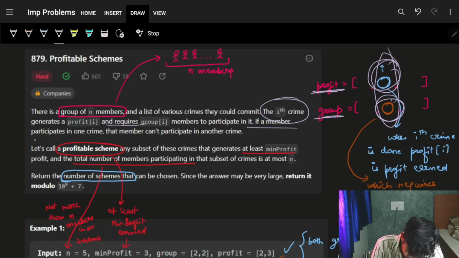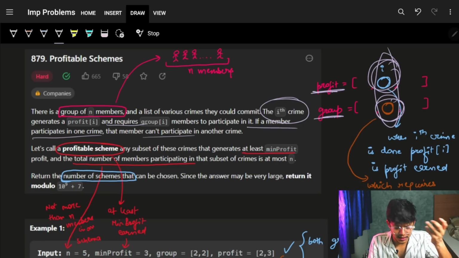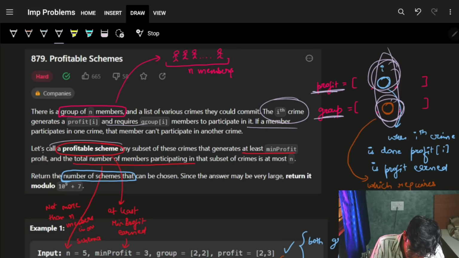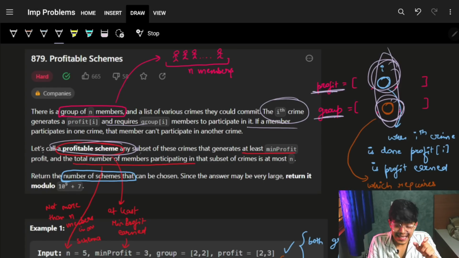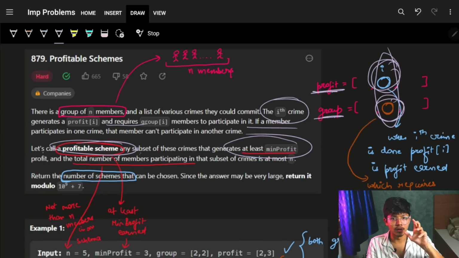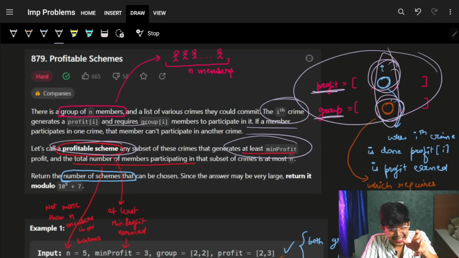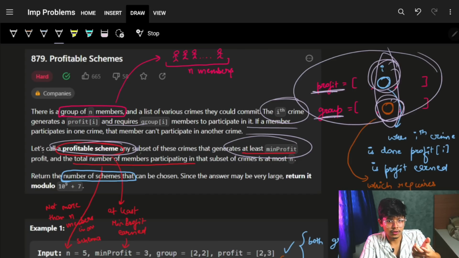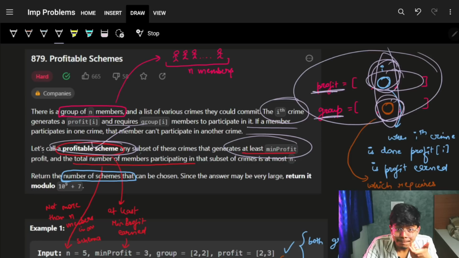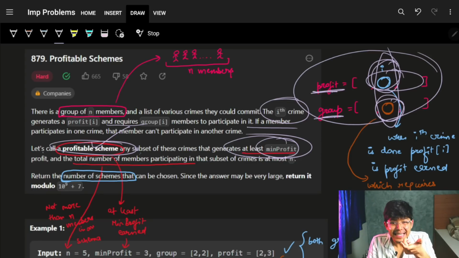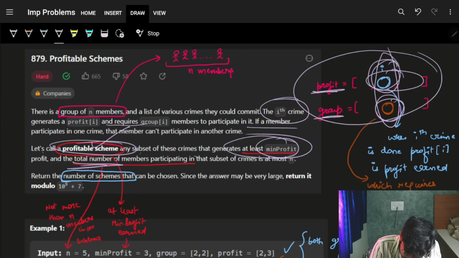It is saying if a member participates in one crime, that member cannot participate in another crime. Okay, cool. Let's call a profitable scheme any subset of these crimes which generates at least minimum profit, which means out of all these crimes I choose a subset, and that subset has combined profit at least the minimum profit, and the number of people in the crimes I choose should be at most n.